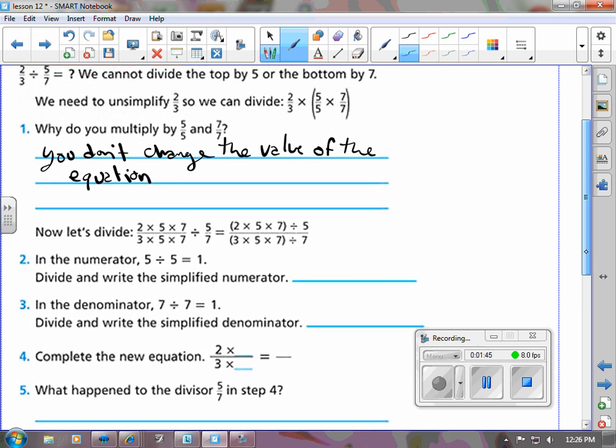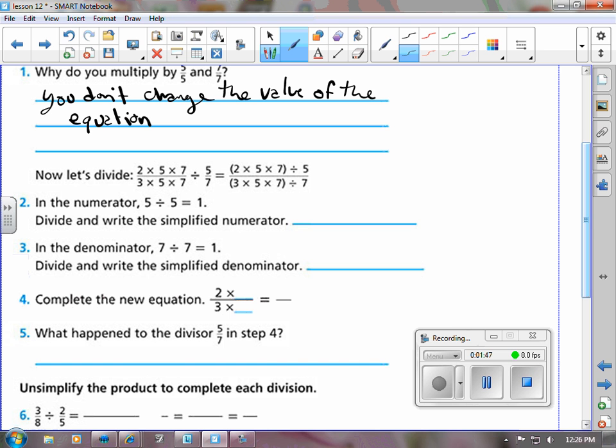Okay, so let's actually work some of these out. This is just a long convoluted way of doing it, right? We multiply by 5/5 and 7/7, and then you can actually do the division because 5/5 is 1. In the numerator, you would have 2 times 5 times 7/5, and then these would cross out, so you would get 2 times 7.